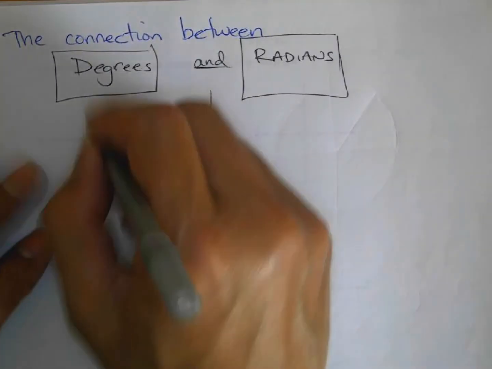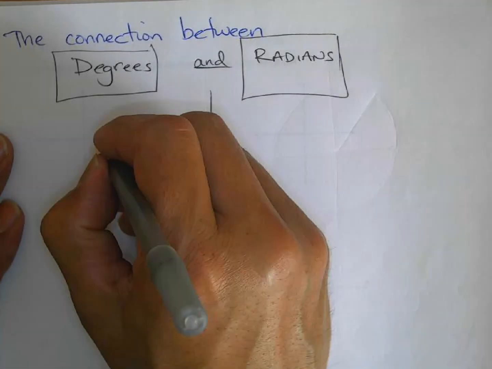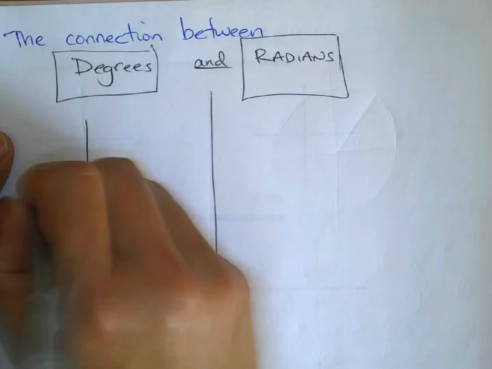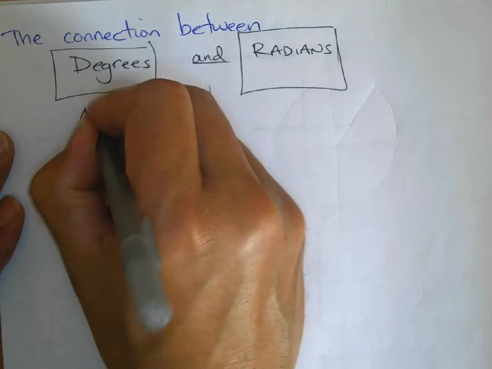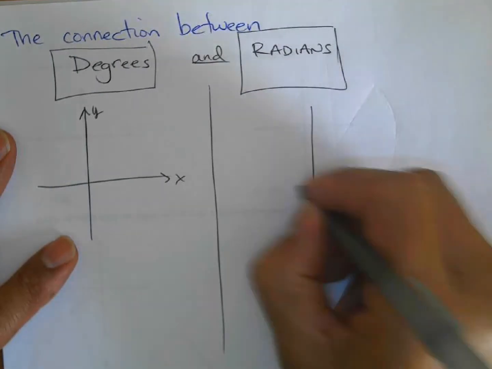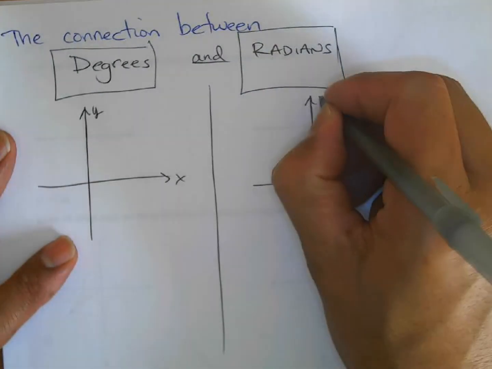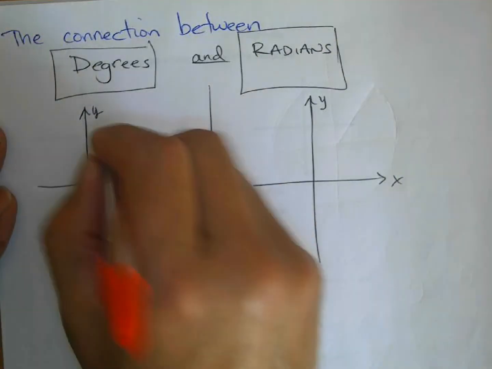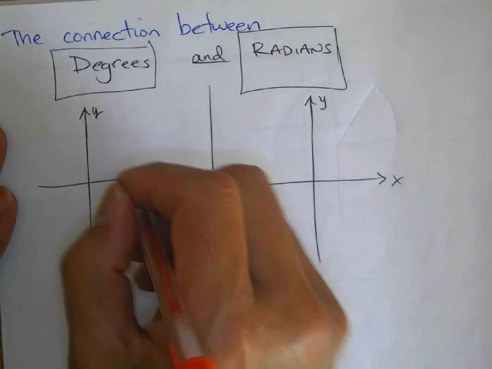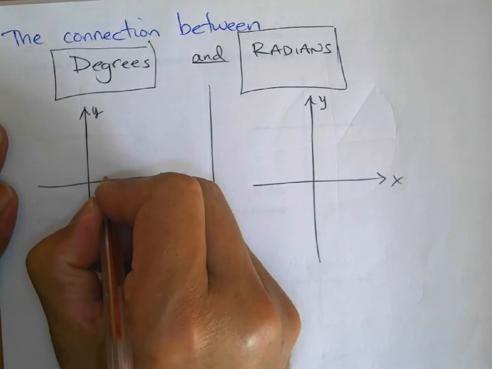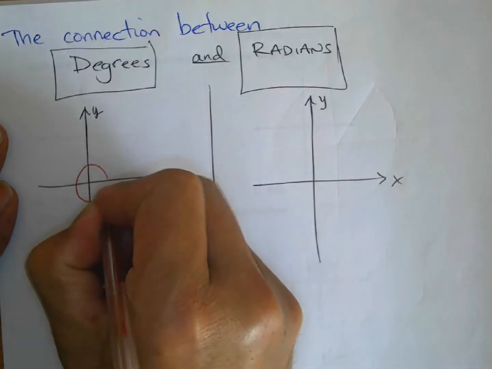Well, we'll start with a complete circle, just like we started earlier. If we have a circle, we'll just go the whole way around, right?